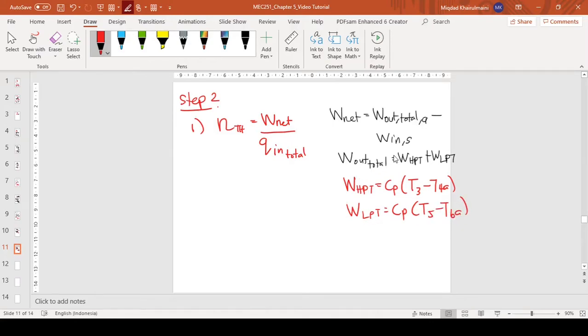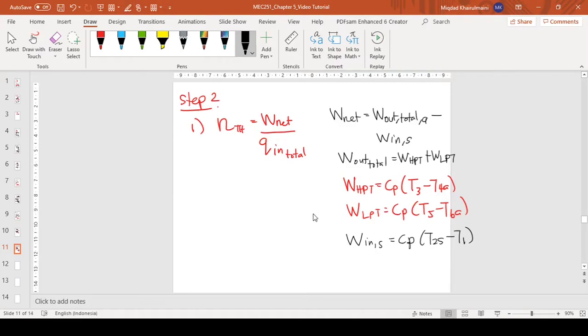Okay, so for the work input, work input ideal is state 2 and state 1, so CP T2S minus T1. So we calculate individually the work output and also the work input, then we minus work input from work output, we can get the work net.